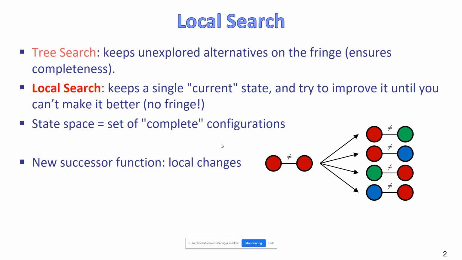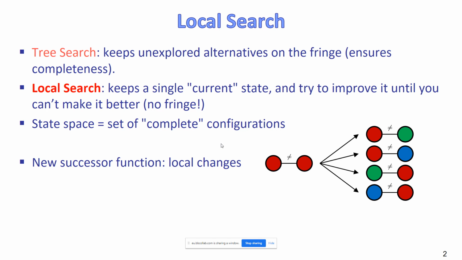So what is local search, or how is it different from tree search? Again, tree search keeps some of the potential solutions on the fringe. Unexplored alternatives will be on the fringe, and we keep getting one of them at a time to try.